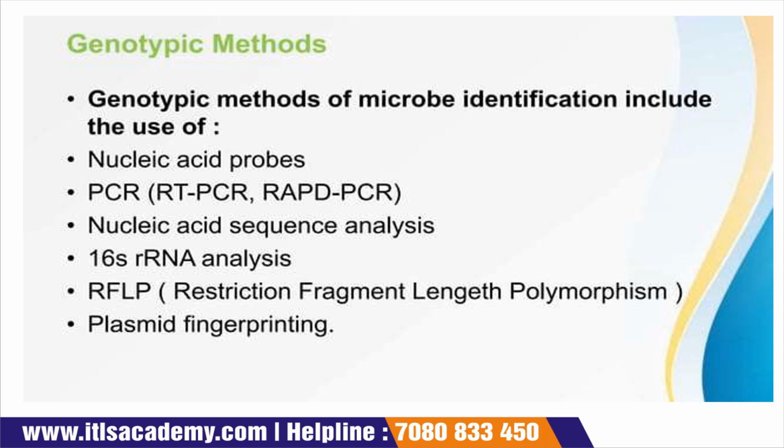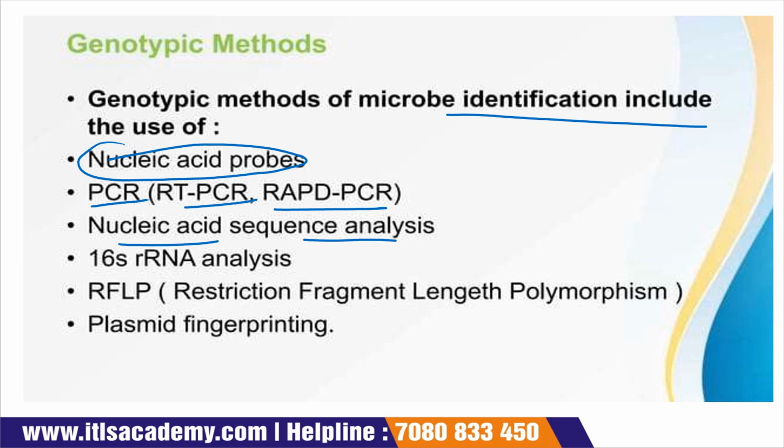Now, genotypic methods of microbe identification include use of nucleic acid probes, PCR, RT-PCR, rapid PCR, nucleic acid sequence analysis, 16S RNA analysis, and RFLP, that is your restriction fragment length polymorphism, and plasmid fingerprinting.